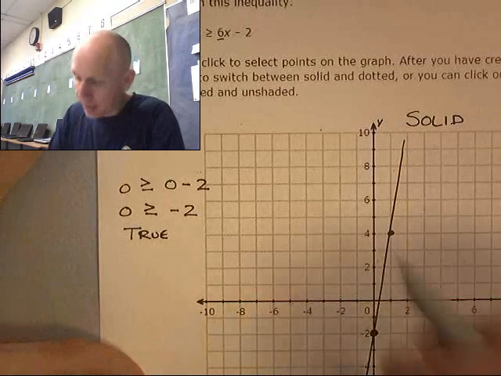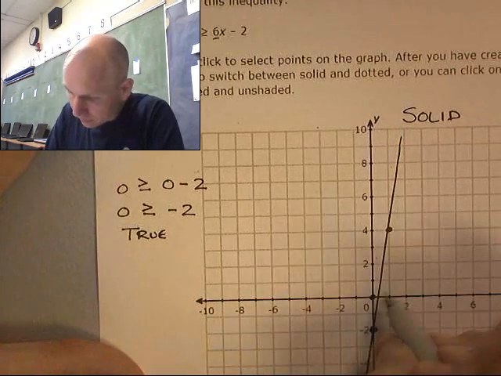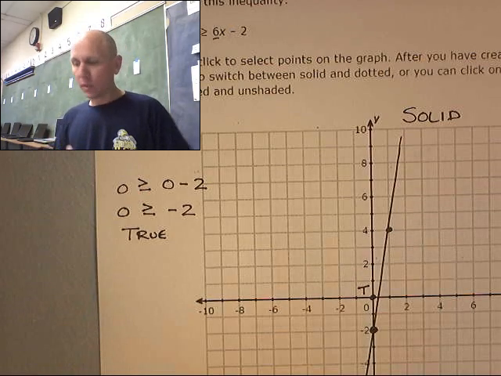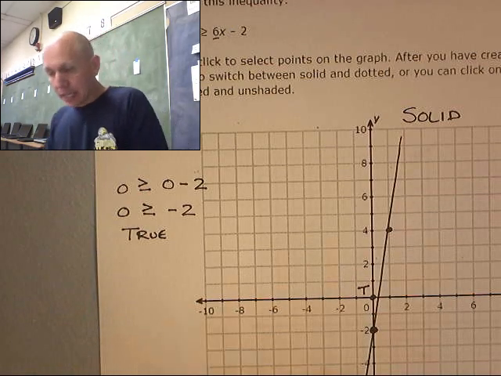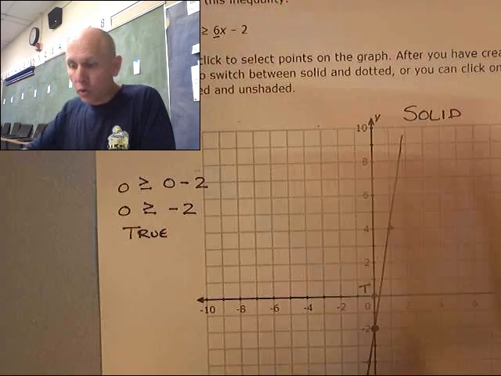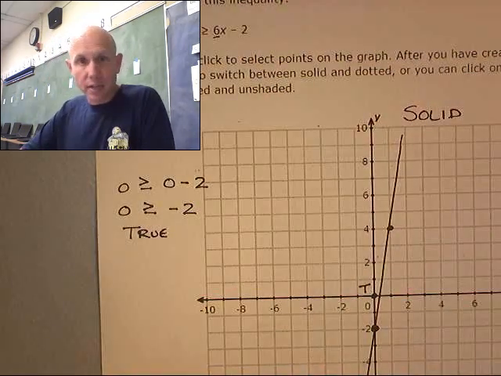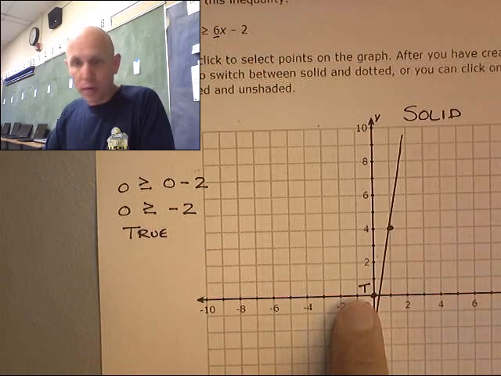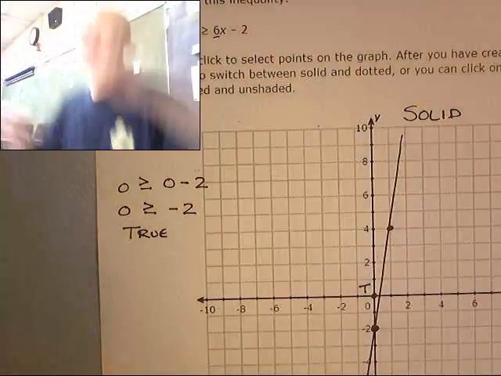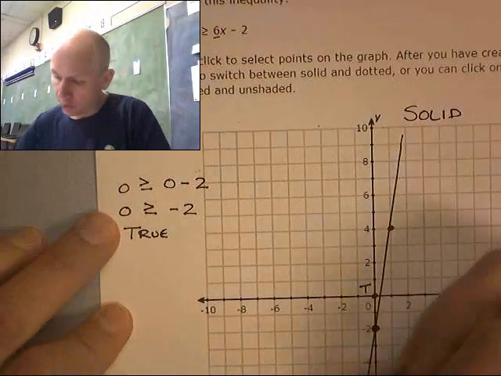So the point 0, 0 is a true point. Well, what does that mean? Does that mean the area above the line is true, or the area below the line? Well, this true point is in the area above, which means the area above is the true region.